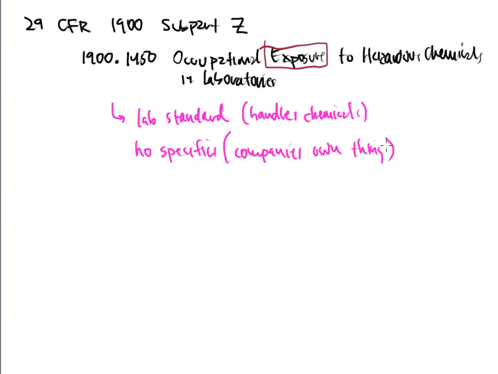They all use different substances. They all handle their chemicals differently. So there's no one way that we can force labs to conform. So because of that, there's no specifics in the subpart. The only thing that they do is give you general run-of-the-mill statements that you have to follow, and it's up to your lab to make sure that they are in compliance with those general statements. That's what we want, right?